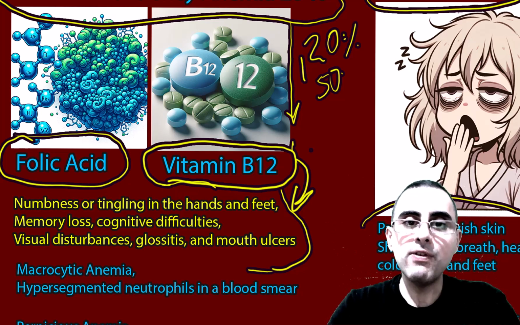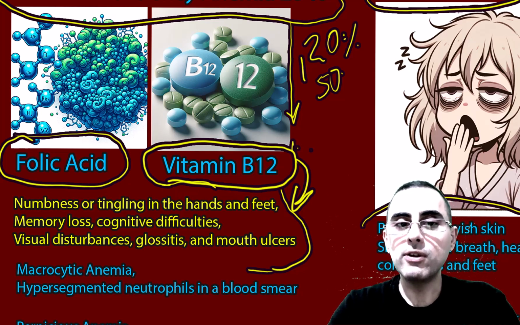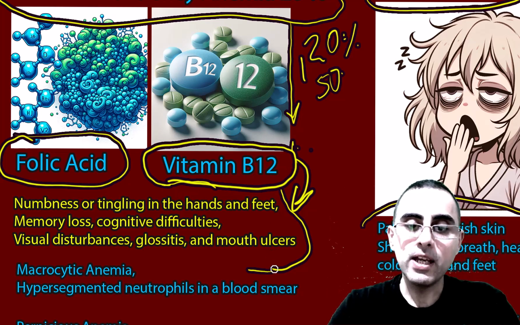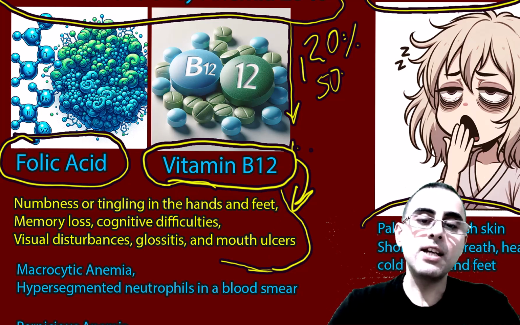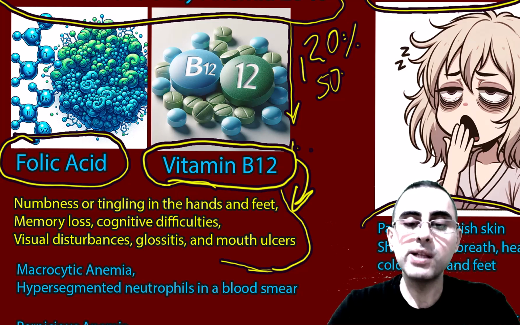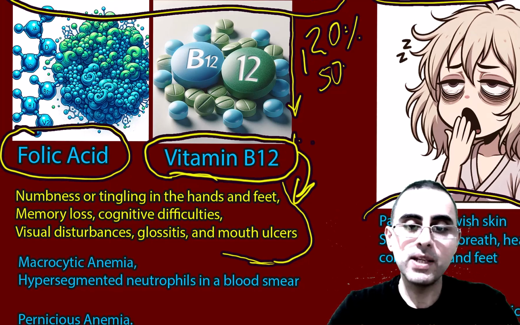So in vitamin B12 deficiency anemia we have neurological symptoms also, and of course tiredness, fatigue, and pale or yellow skin. Those are the classical symptoms of anemia, plus neurological symptoms.